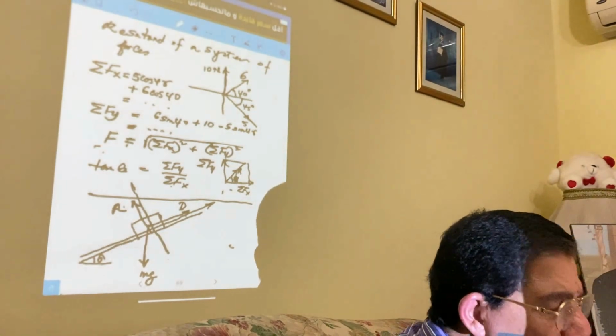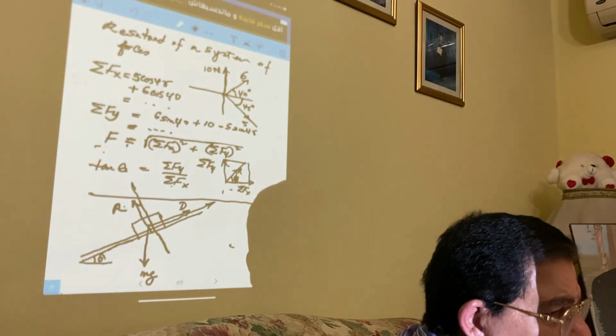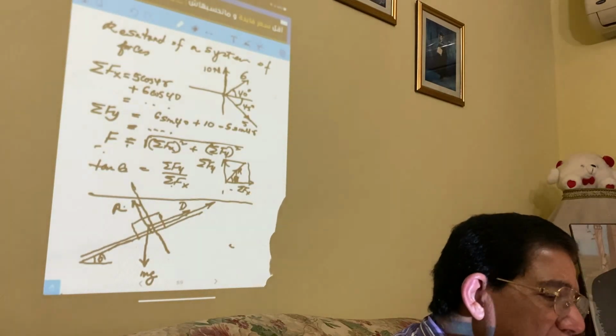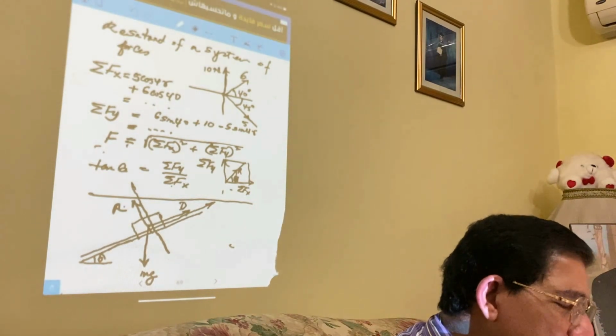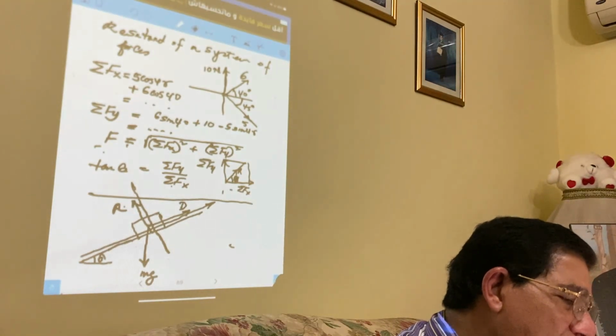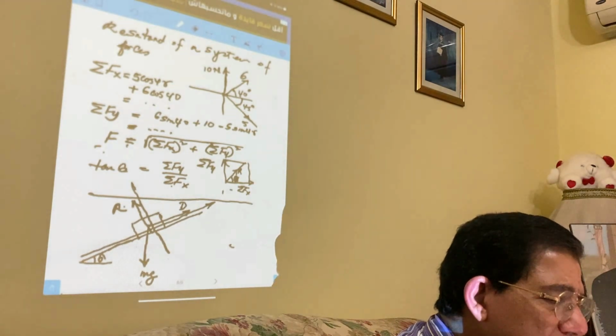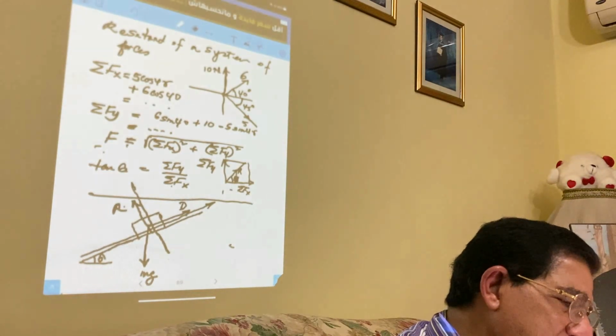For all problems of a particle placed on an inclined plane, we are not going to choose our axes horizontal and vertical. No. We choose the axes, one along the plane and one perpendicular to the plane, and we resolve forces in these directions.